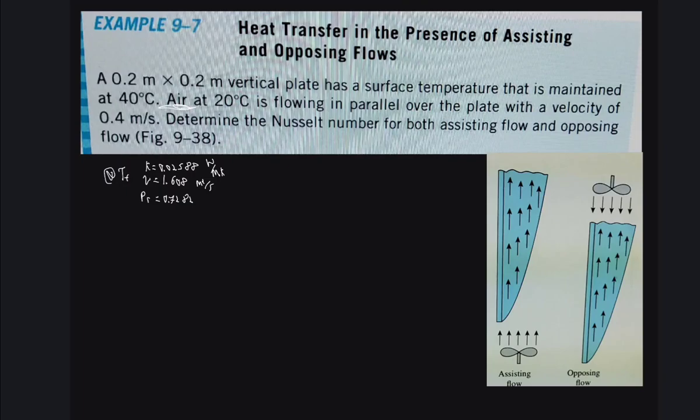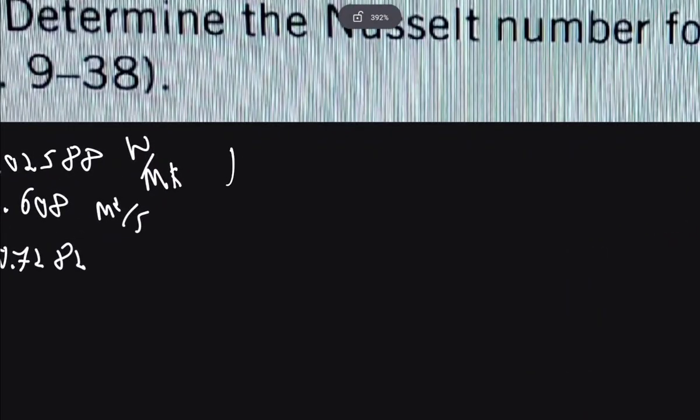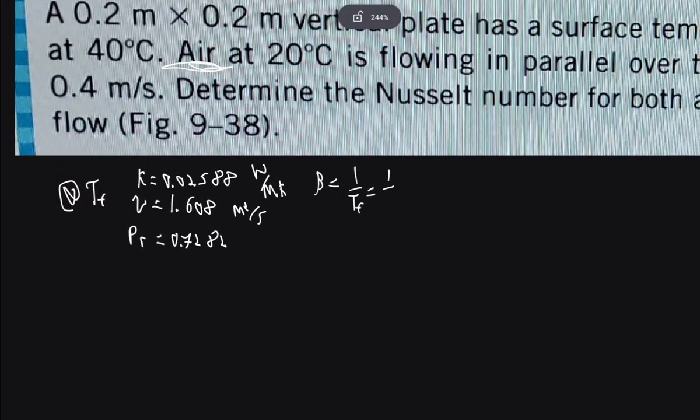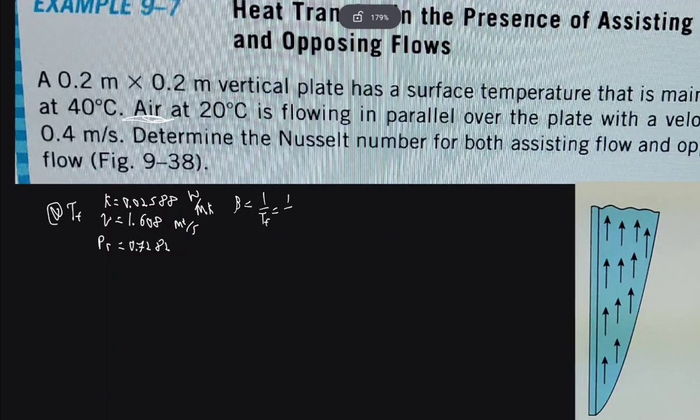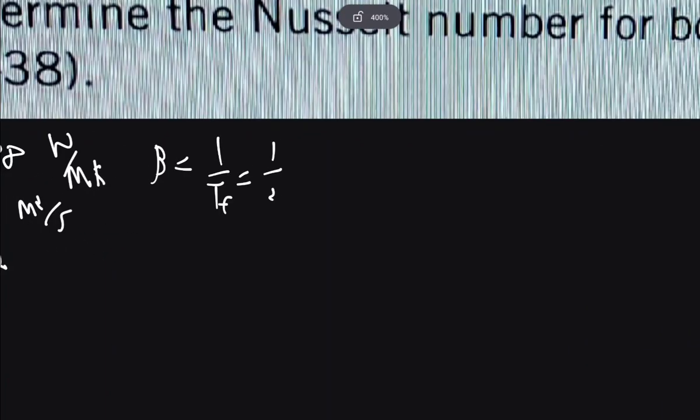That means it's an ideal gas, which follows the ideal gas law, which means that beta is just 1 over the film temperature, which is 1 over the average, so 20 plus 40 divided by 2 plus 273 to get into Kelvin.